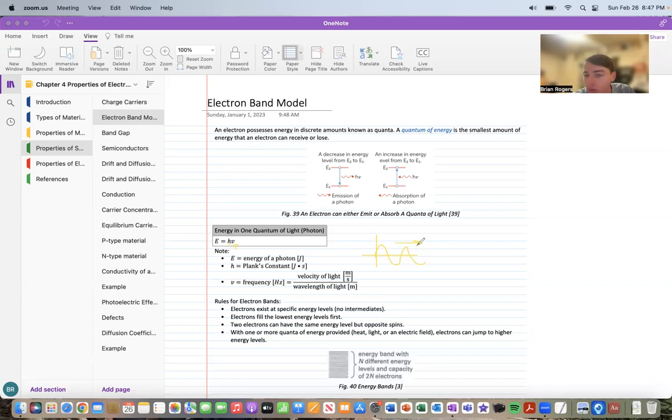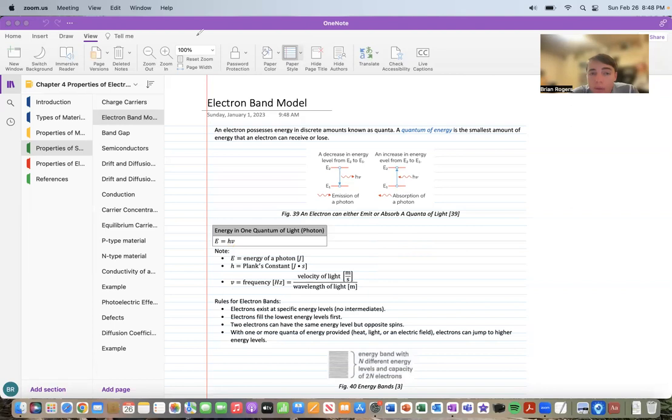And the wavelength of light refers to one wavelength, the actual length of that waveform, one length of the wave.